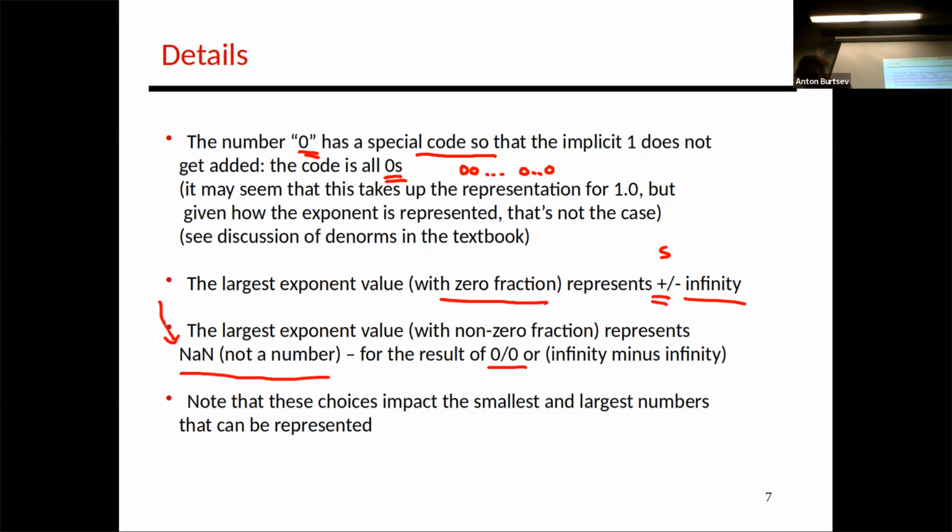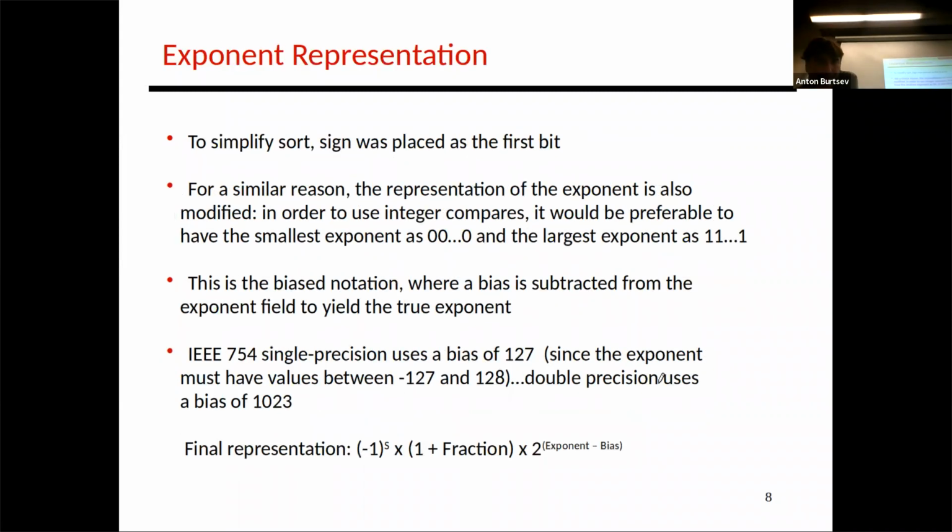And so the way to represent it is this: take the largest exponent value, and instead of putting all zeros in the fraction, just put something else. And it means that this number is not a number, right? What I wanted to show you, we already talked about the representation of this exponent.